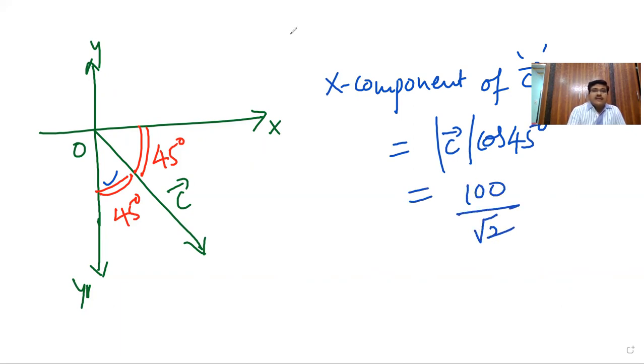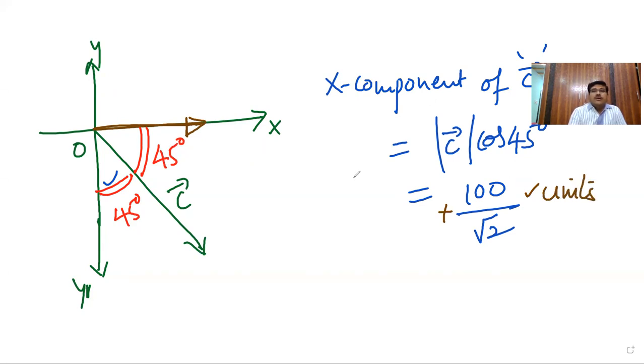Have the clarity, this is the x component. The x component of c is towards the positive x-axis, so it is positive, 100 by root 2 units.